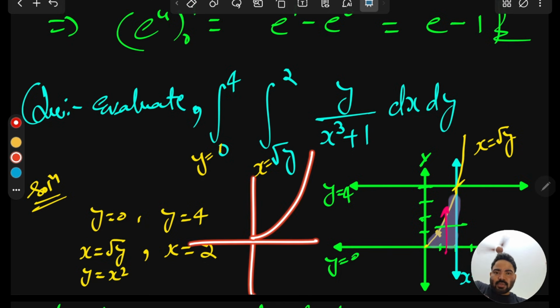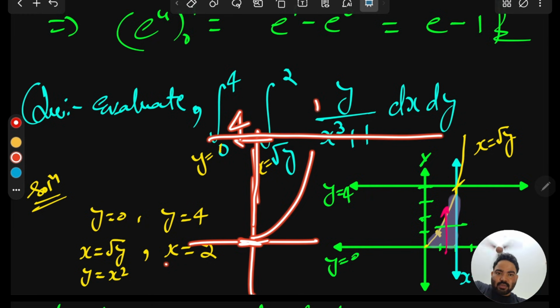So your under root y graph is like this. Y is moving 0 to 4. Y equal to 0 is this line, and y equal to 4 is this line. Now x is moving like this. Where is x equal to 2? Check where it crosses this line.